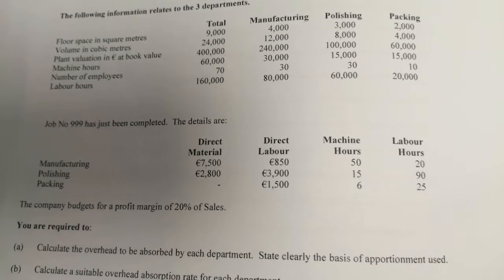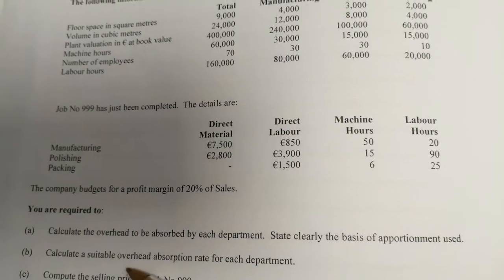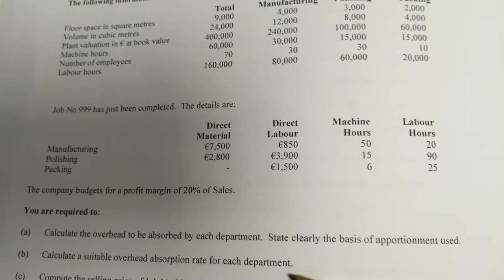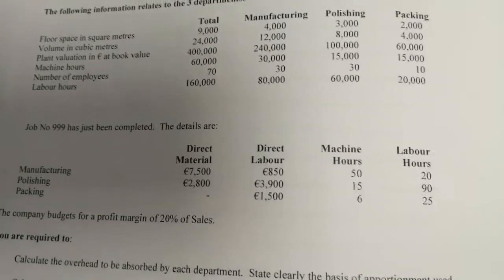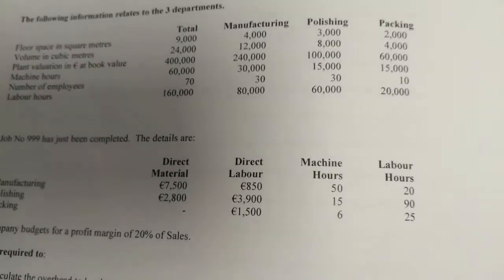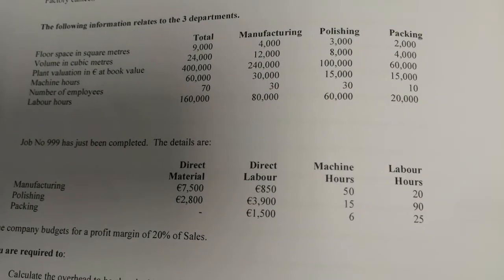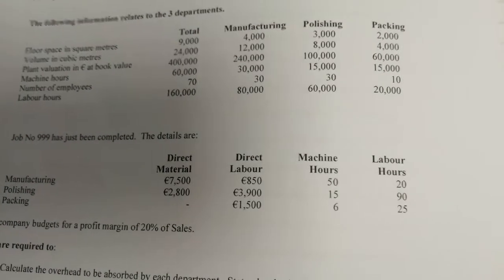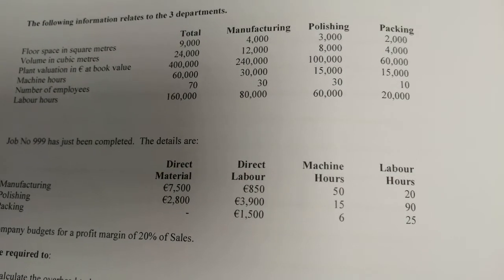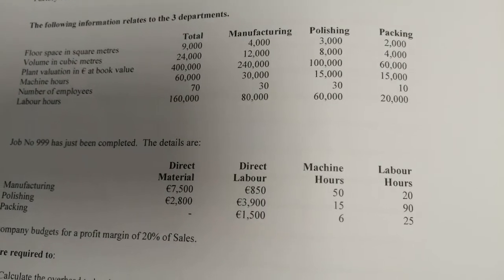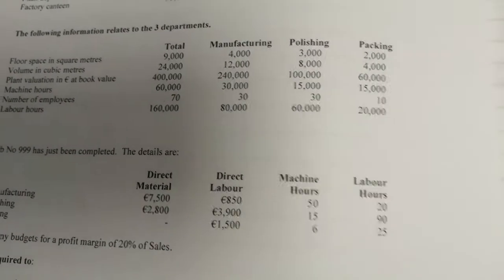Now, one thing to say about this, if I go back to part B for a start, it said calculate a suitable overhead absorption rate for each department. I said to you that the rule when you're calculating an overhead absorption rate is to choose a rate either per direct labor hour or per machine hour, depending on whatever is the most dominant activity. If there tends to be more machine hours in this particular department, use a machine hour overhead absorption rate.